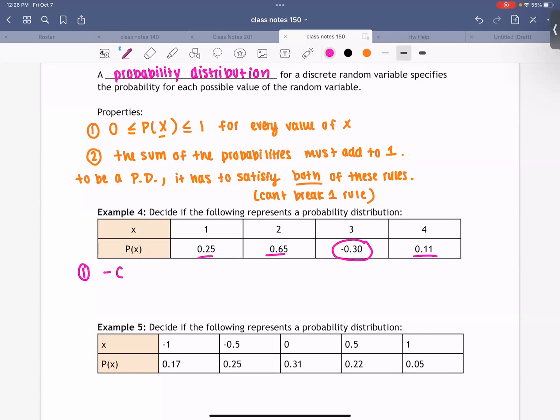Negative 0.30 is less than 0. So property 1 is broken. Now that I've checked property 1, do I have to check property 2? No, because it already broke the rule. This is not a probability distribution.